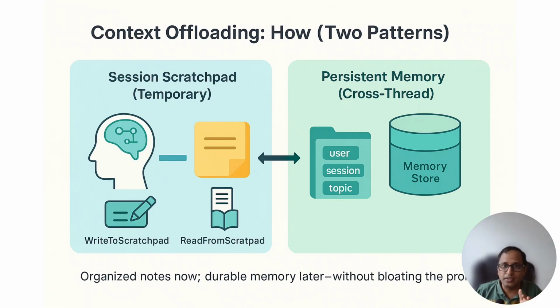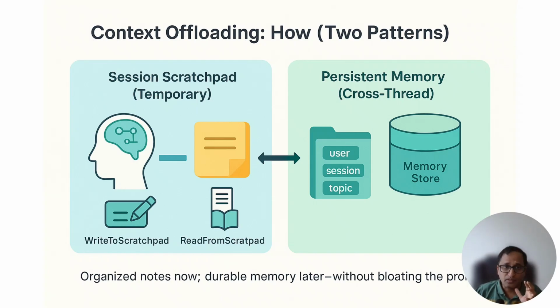So in summary, use scratchpad for now, in this session, but persistent memory for later retrievals. Together, the combination of scratchpad and persistent memory makes the agent stay efficient, thoughtful, and scalable without dragging unnecessary information into the prompt.